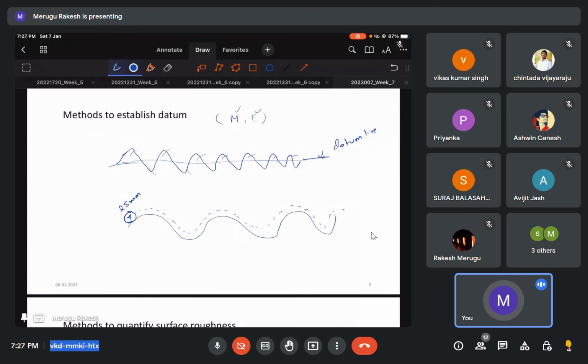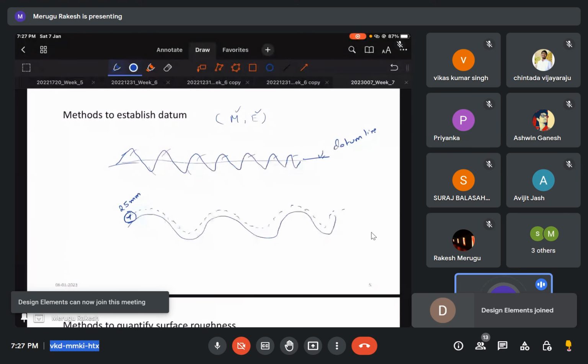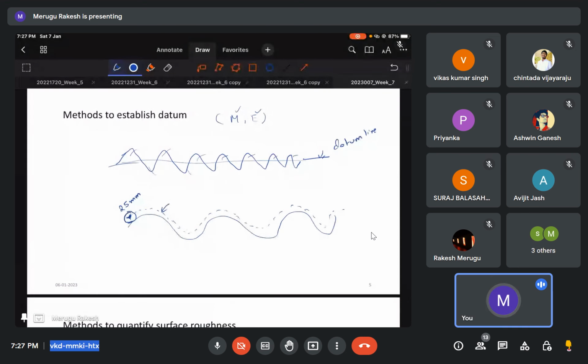Different countries follow different systems, and accordingly we are discussing these systems. In the other system there is a 25 mm roller which we roll on the surface, and we track the center of the circle, and this is our datum. We adjust this profile exactly at the 50%.